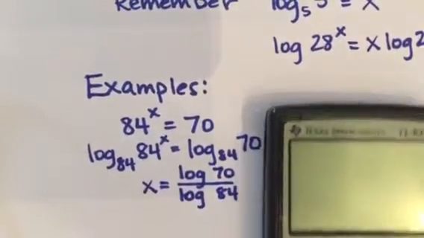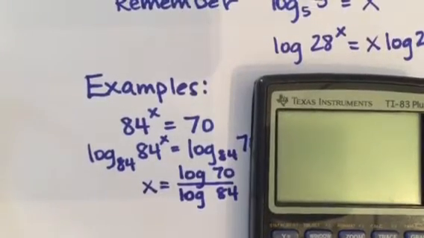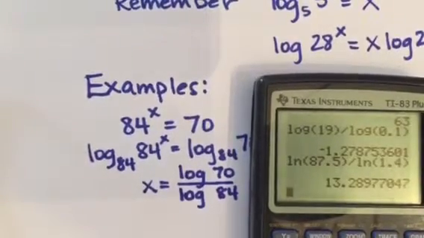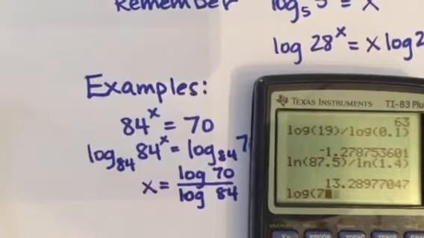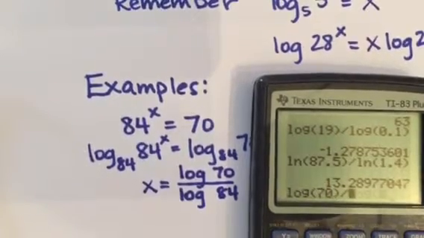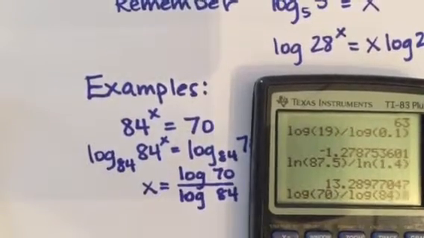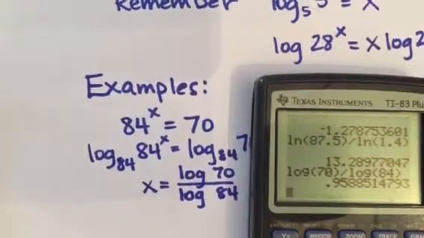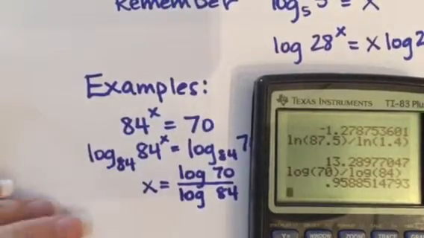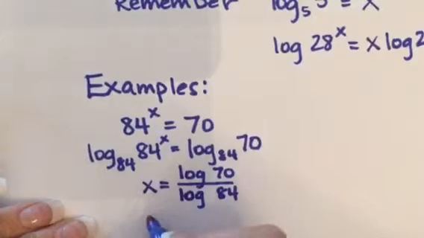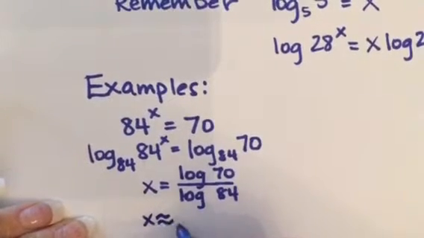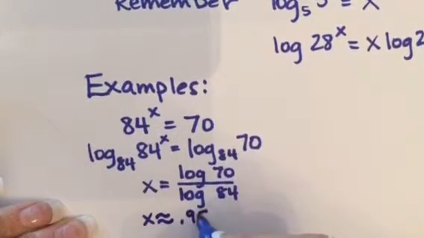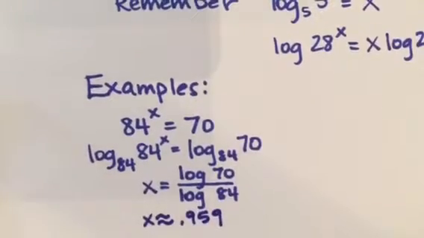So let's go ahead and use our calculator to generate an approximation. Let's see what that says. Log of 70 divided by the log of 84, and that gives us about 0.959. So we're saying x is approximately 0.959.